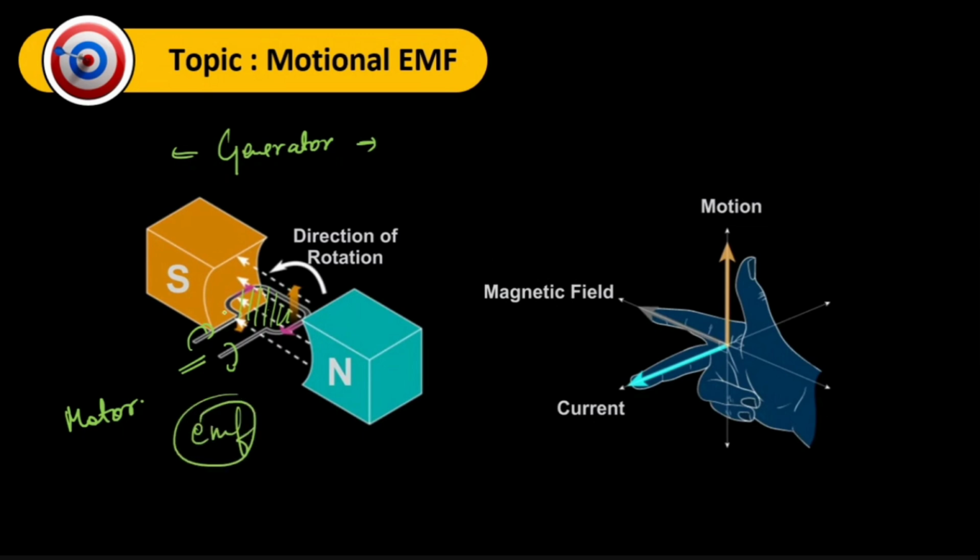That EMF is what is used by the appliances. Generators use magnetic field to produce EMF, and they use motors to run on diesel, gasoline, or petrol, whatever it is. So if you want a source of electricity, you can have a generator and some energy source. It can be any source which can rotate this motor.